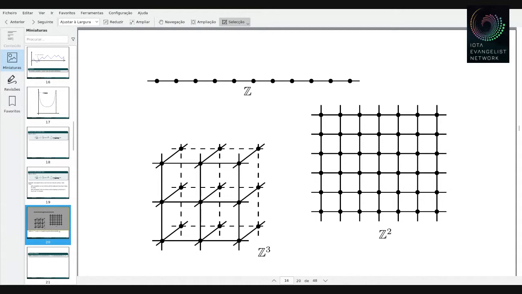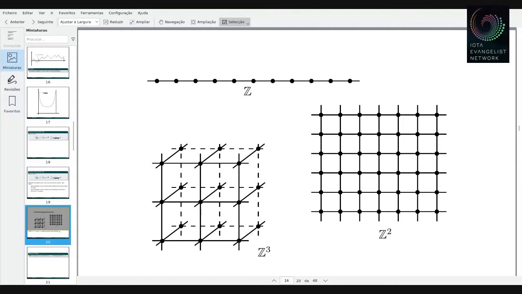So these things here are the so-called integer lattices. This one here is called Z, which are the integer numbers. You may wonder why Z, because it's the first letter of a German word for numbers, Zahlen. So this is the one-dimensional lattice of integer numbers.